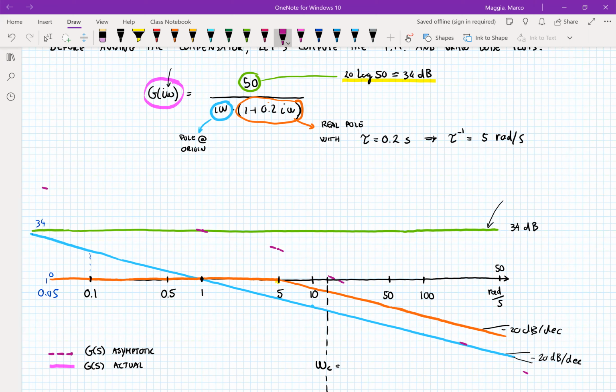Usually when you draw the Bode plots, you have a very fine scale graph paper, so you can draw things more properly.